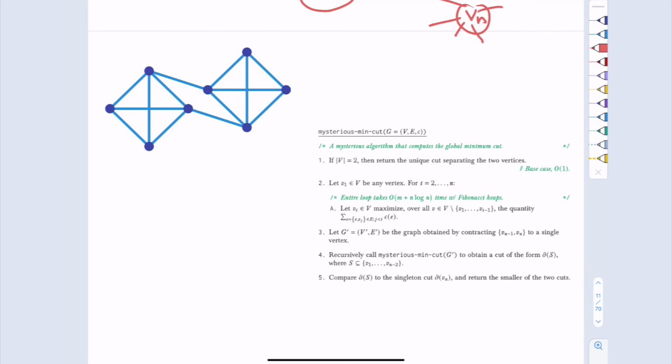Okay, so all right, so let's number these vertices. I want to be a little bit consistent with what I wrote in the notes. We're going to do this numbering thing. I'll start with V1 here. And then, okay, V2. And then I got to pick some vertex that has a lot of edges to V1 or V2.